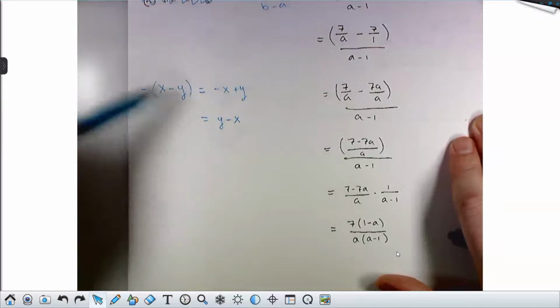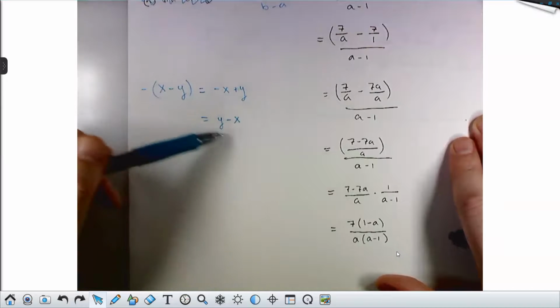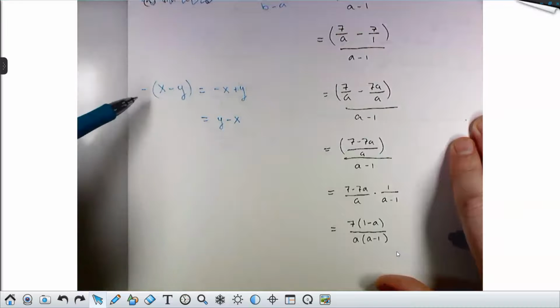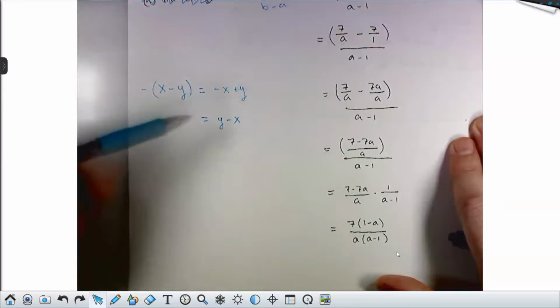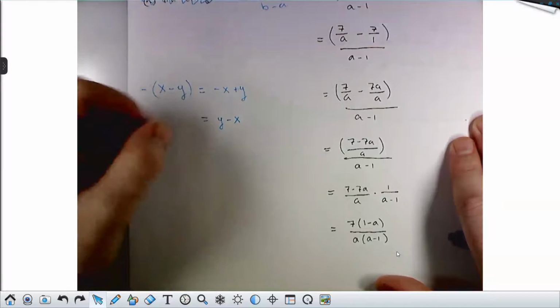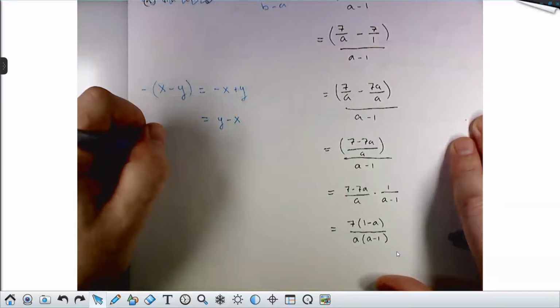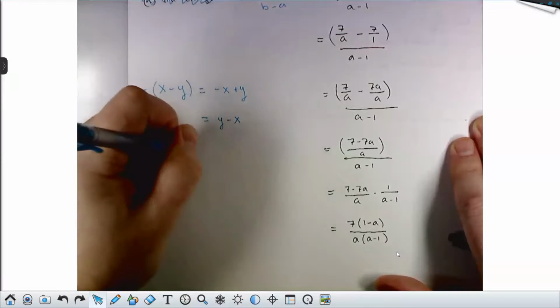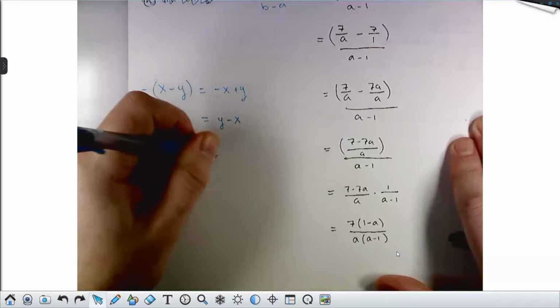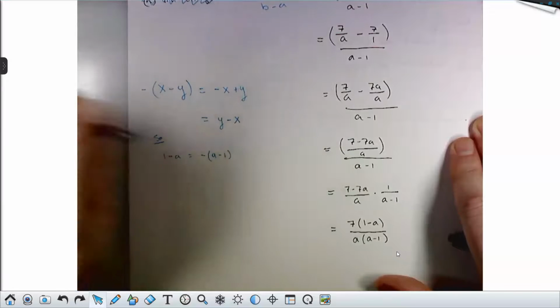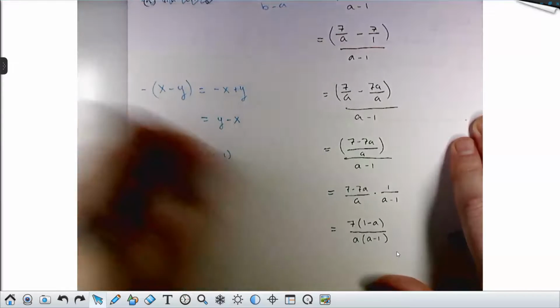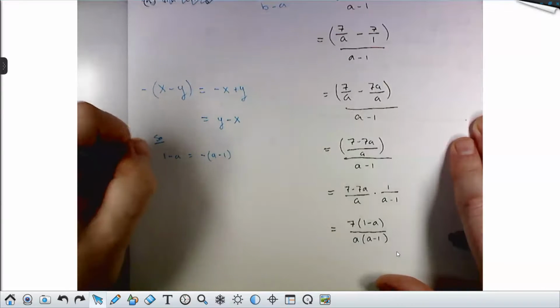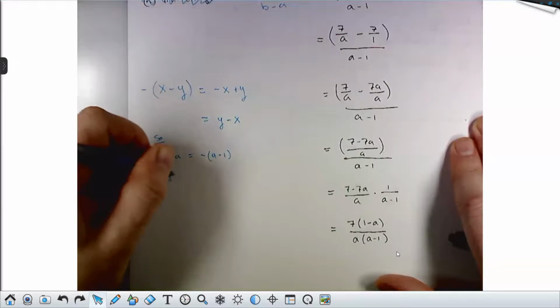So in other words, if you have a difference of two terms like y minus x, that's the same as the negative of that same difference in the other direction. What this means is that 1 minus a is the same as negative times a minus 1. And I can use that here.